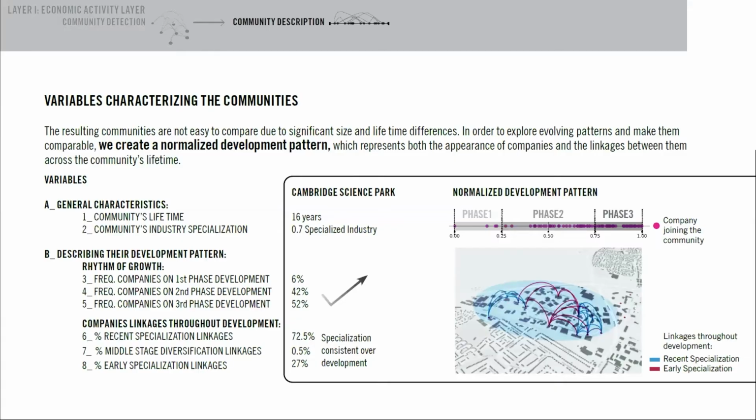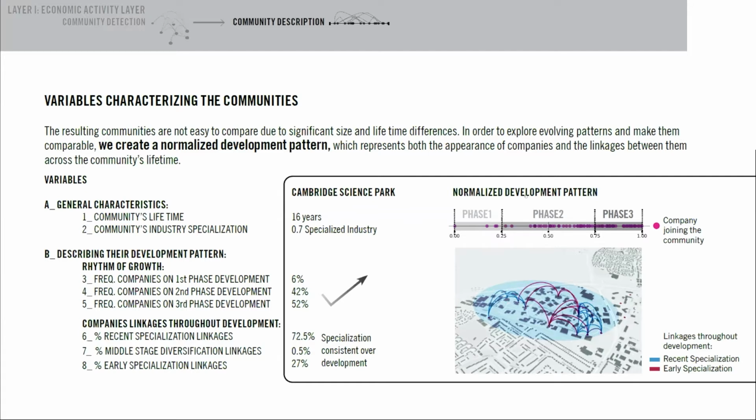Once the communities have been identified, then we need to describe them. To do so, we select 8 variables, the list that you have on the left of the slide. However, due to differences in lifetime and size of the communities, we needed to create a normalized development pattern for these communities.